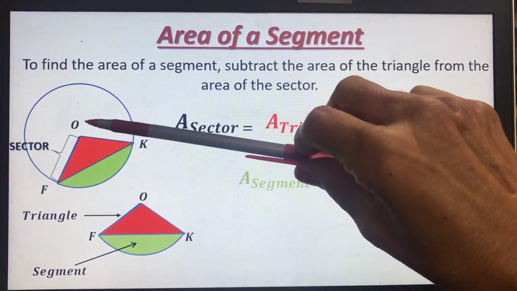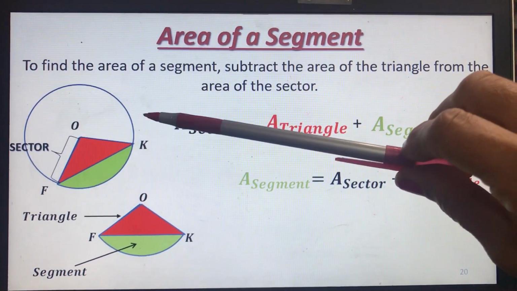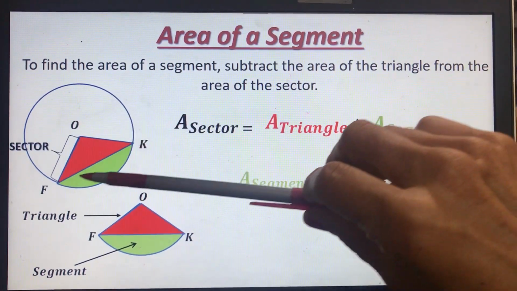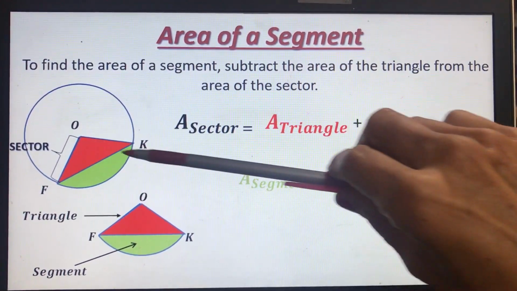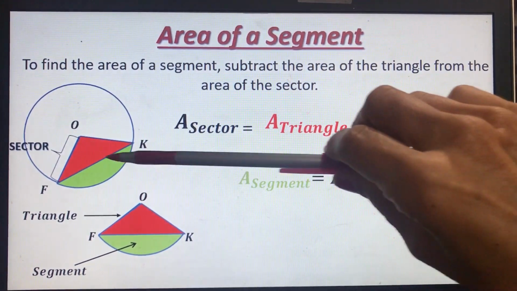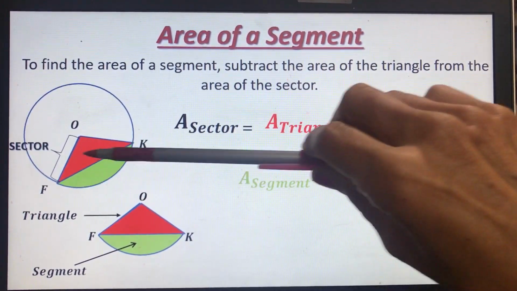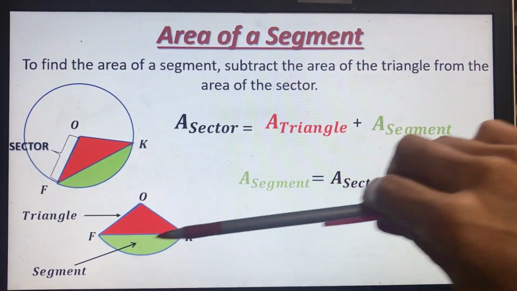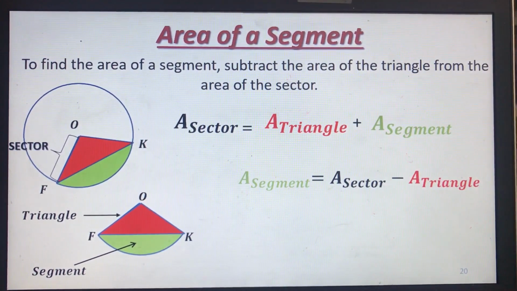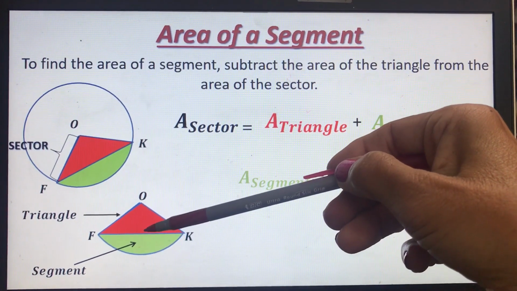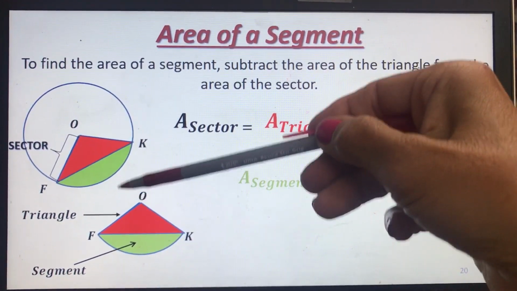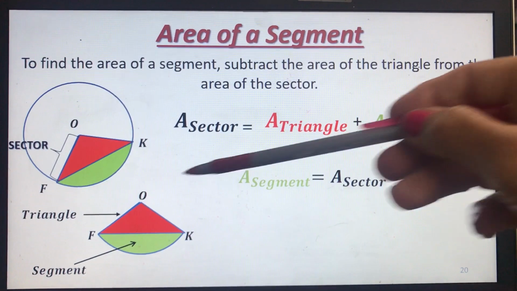Again, we have circle O, and within circle O, we have a sector. Notice here that the sector consists of this red triangle plus this green base. This green base is called the segment. And then on top, we have the triangle.